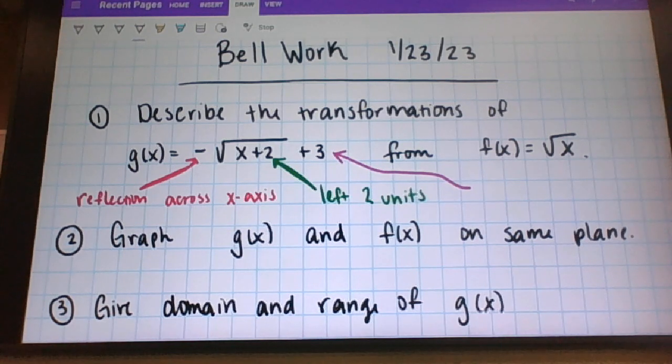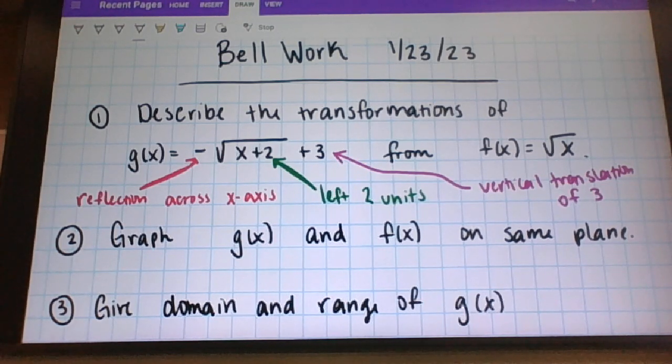Now, what about that plus 3 there, Dylan? Vertical translation of 3. That's going to be up 3. So this graph is flipped, left 2, and up 3 moves.